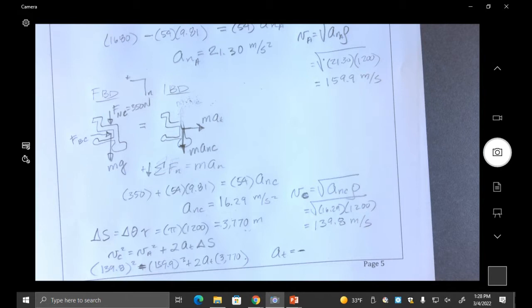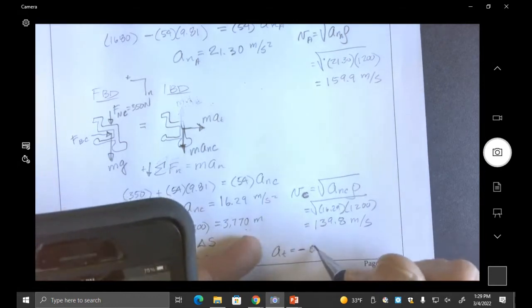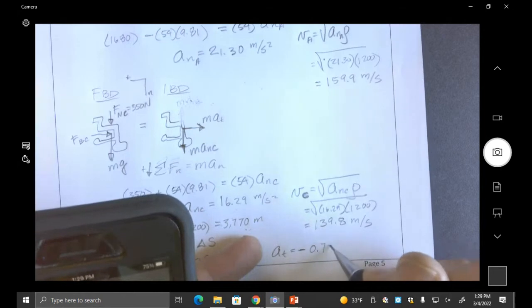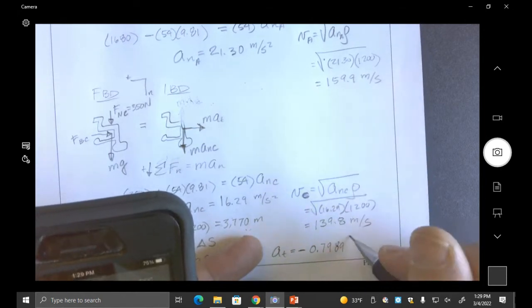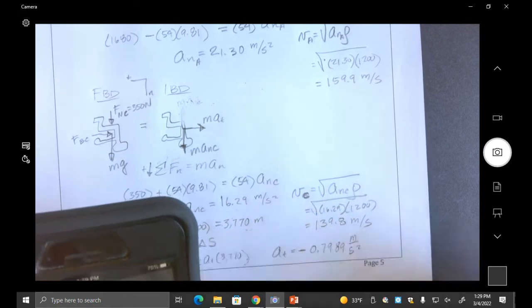Subtract, get a negative number. Divide by 2, and then divide by 3,770. And hopefully, yes, I got negative 0.7989 meters per second squared.